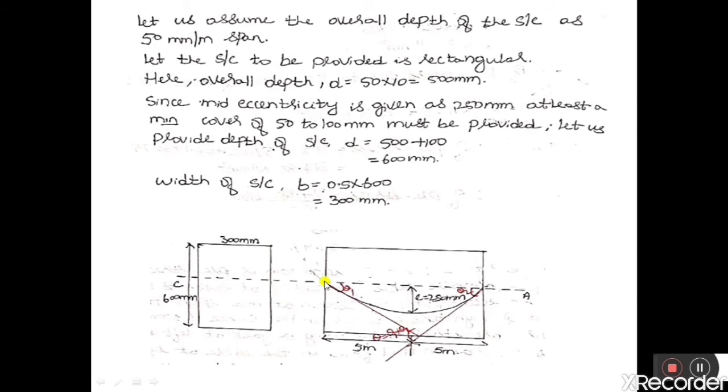So let us consider this as left end and this as right end. So what has he given? The force is applied only from one end. So let us consider the force is applied at the left end.